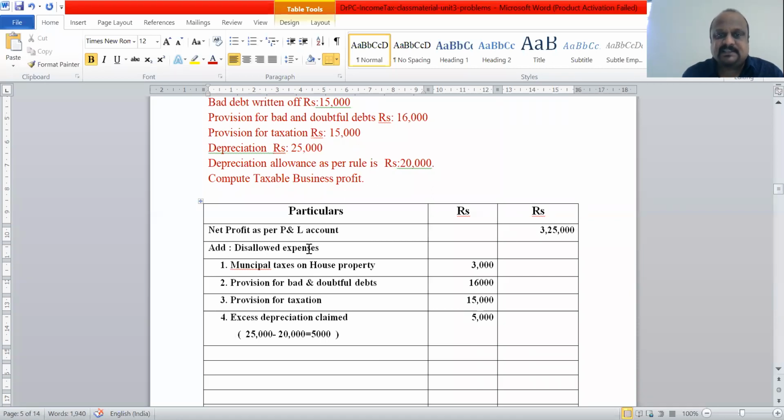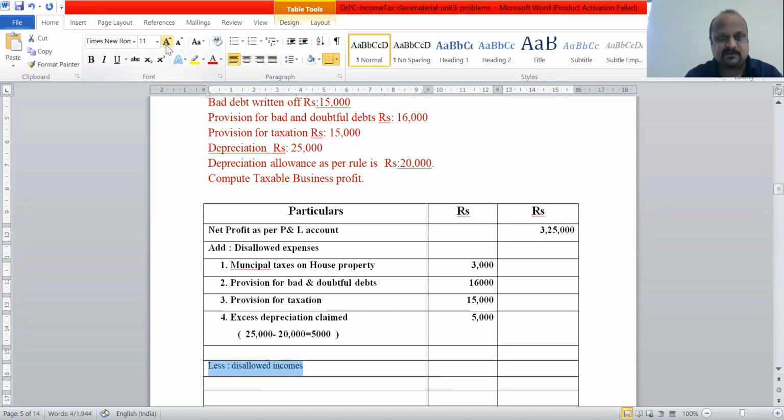Then add all the disallowed expenses, to whatever extent they are disallowed. Then there is one more component here: less disallowed incomes, or disallowed revenue, whatever it is.